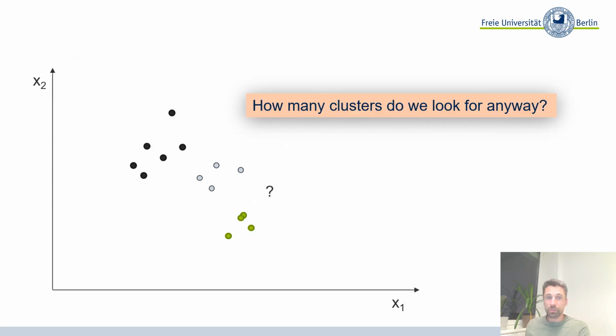And no labels also means we don't know from the beginning how many clusters there are. That's something we want to maybe derive from the data itself.